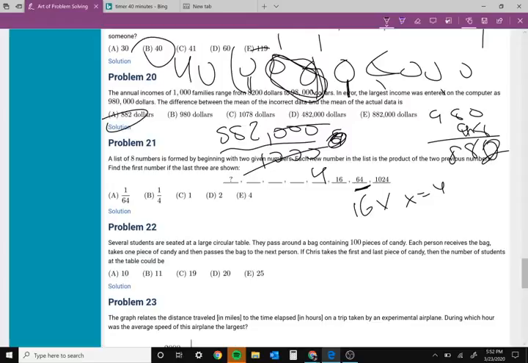And you know that this is 4 and this is 16, so 4x equals 16. So then this is also 4, meaning this is 1. That means of the 2 previous numbers, this is 4, and then this is 1.